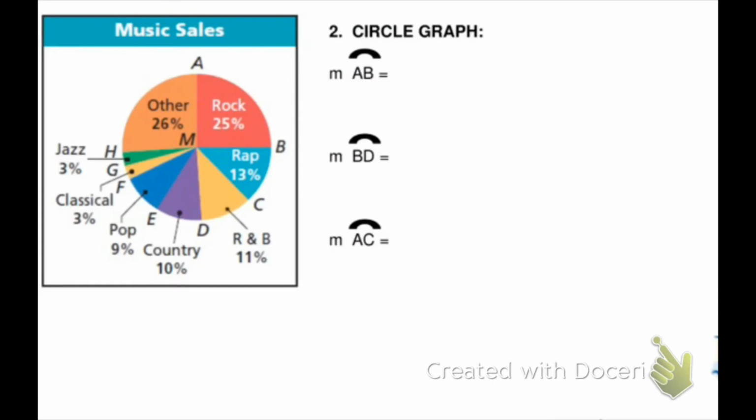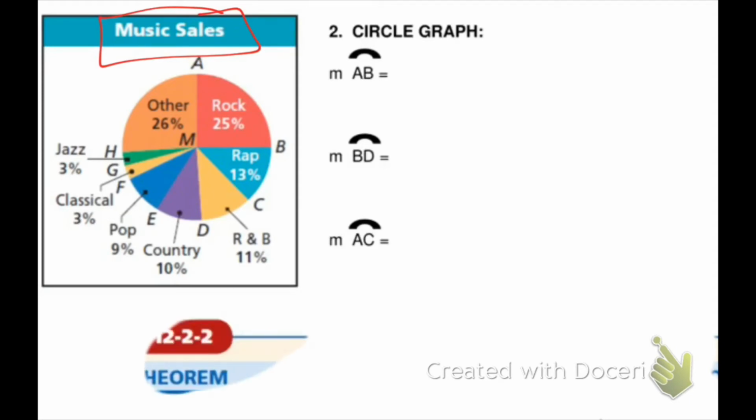Now we can also use this example for a little word problem here. So you have a music sales chart, and it's got to be from like the 1980s or something because rock's one of the highest. But notice that we have percentages here.